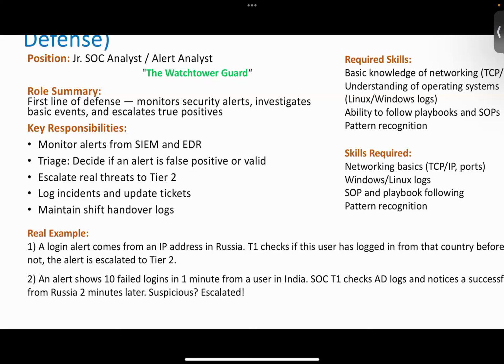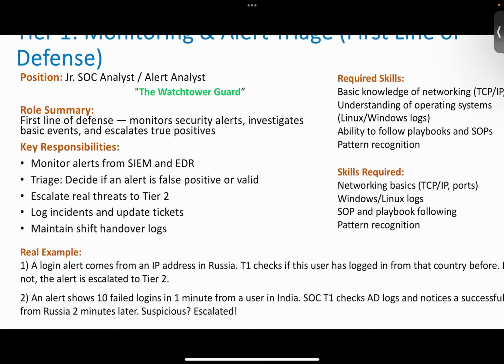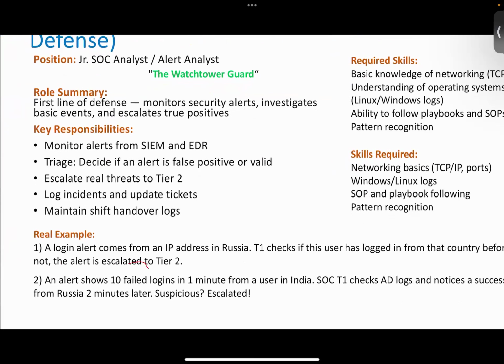So a second example: an alert shows 10 failed attempts in 1 minute. In 1 minute, how many people can log in 10 times? Nobody can log in 10 times. So it is coming from a system, which is called brute force, someone trying to hack the system.